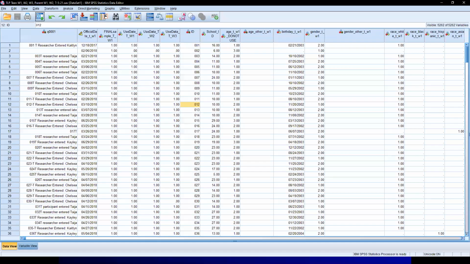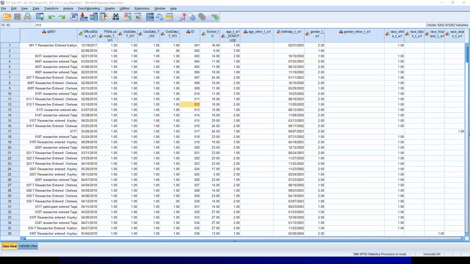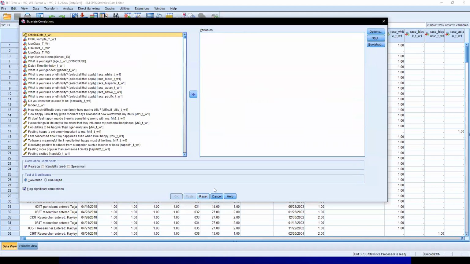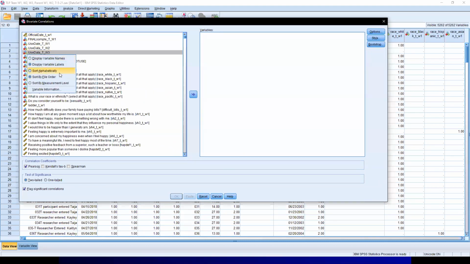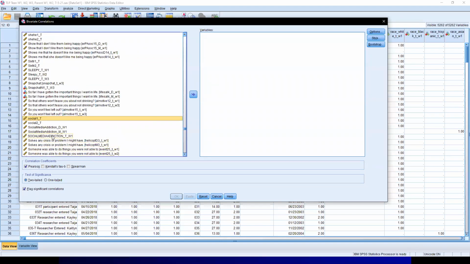So here we have my SPSS data set again. All you need to do is Analyze, Correlate, Bivariate, and it'll bring up this new box. Let me go ahead and reset this. Sort alphabetically. So let me find my two variables.